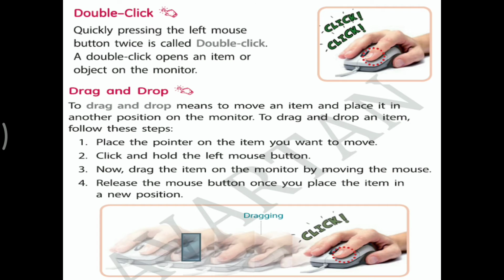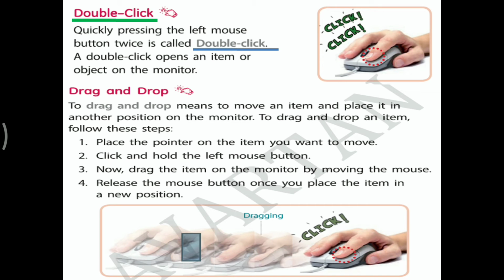Next, double click. So students, what is double click? When you press the left mouse button twice, it will open an item or object on the monitor. Let's read. Quickly pressing the left mouse button twice is called a double click.